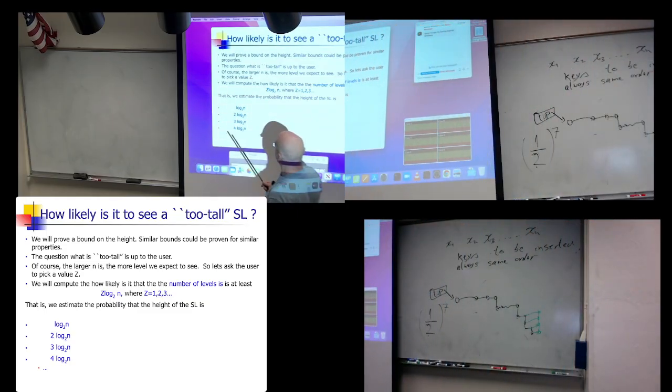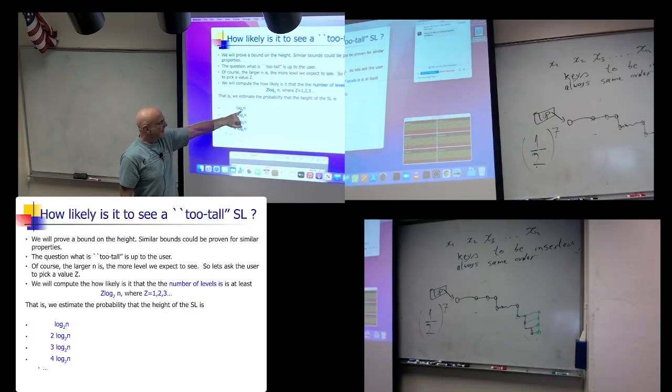So log to the base 2 n would be the height of the skip list if it is a perfect skip list. Now, you can limit the number of levels artificially, but in my code I don't do it.